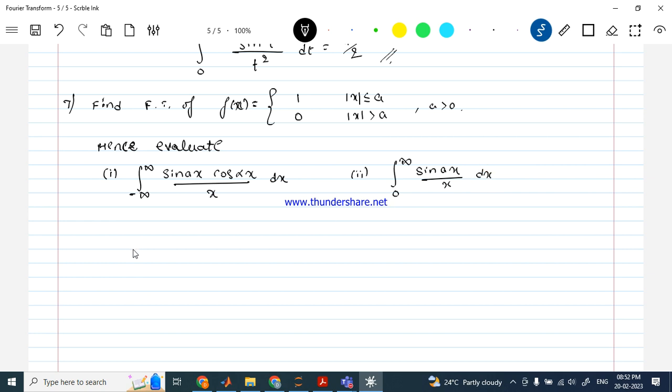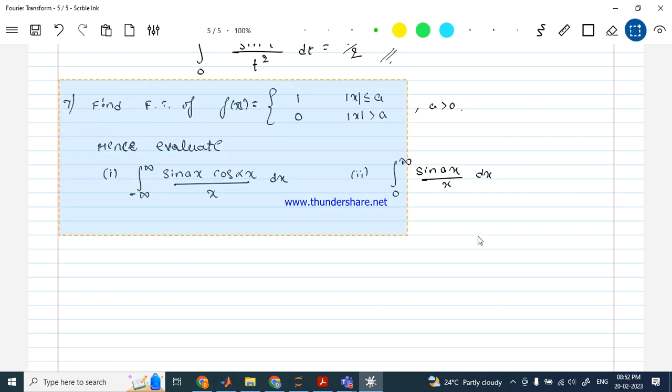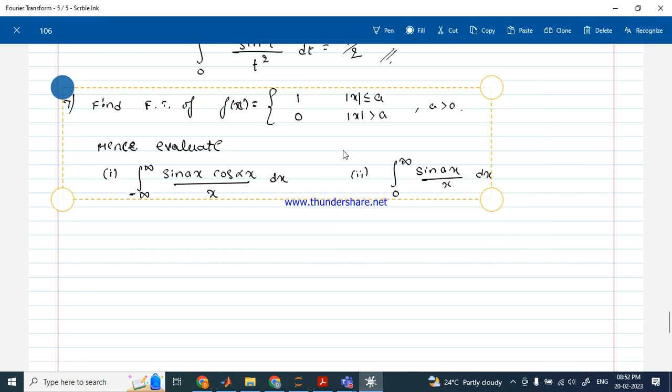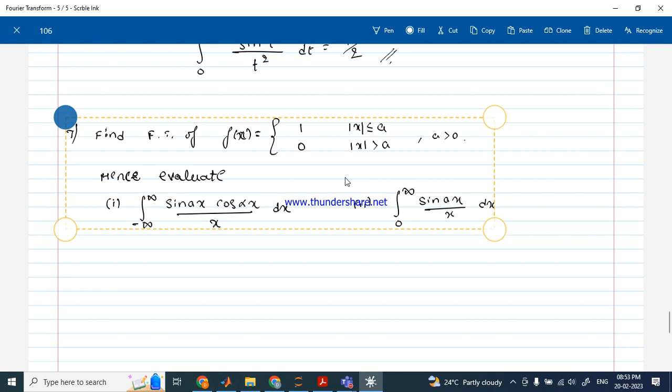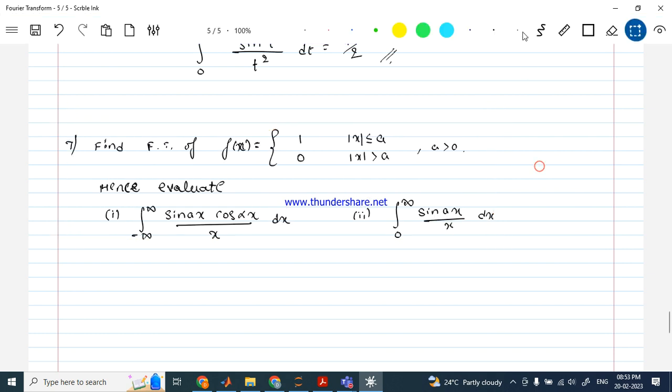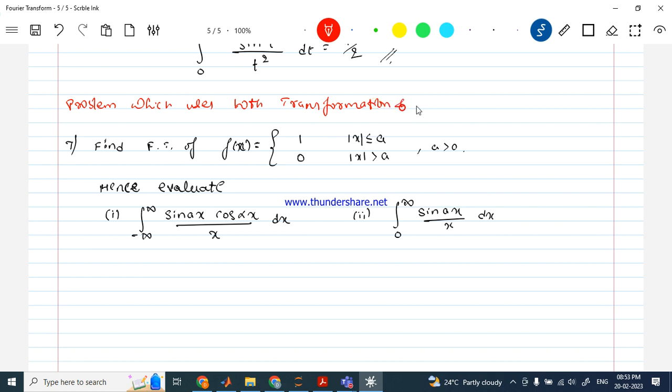Okay, see, whenever the question is to deduce something, we will use both the transformation and its inverse. This is a problem which uses both transformation and its inverse.